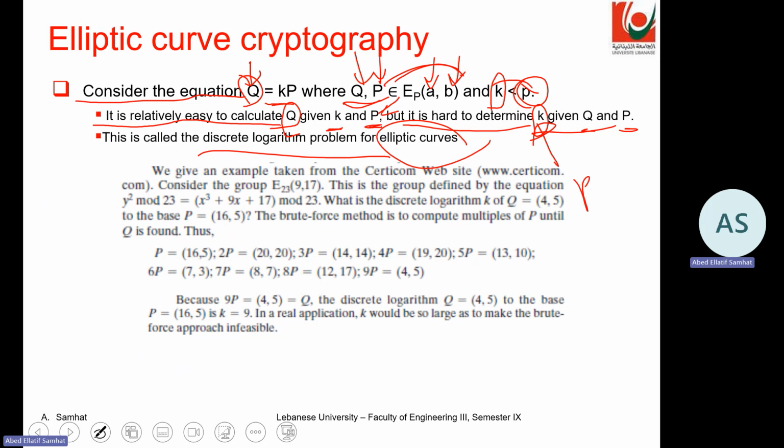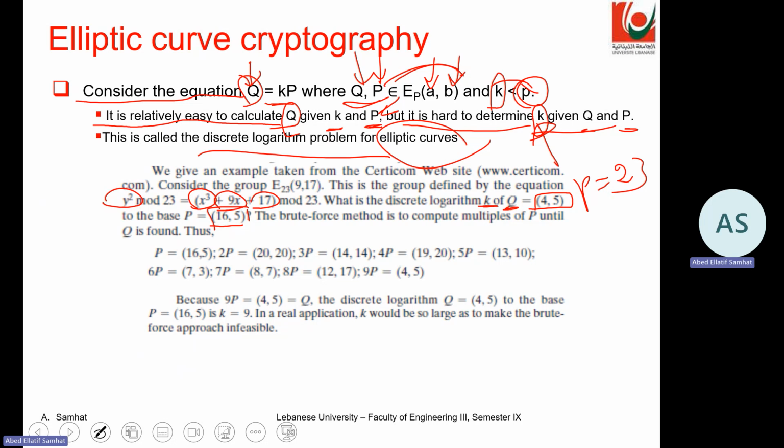We are working with P equal 23, mod 23. This is the group defined by the equation y squared equals x cubed plus 9x plus 17 mod 23. If you want to find the discrete logarithm K of Q equals (4,5), where P equals (16,5), the idea here is a brute force attack.